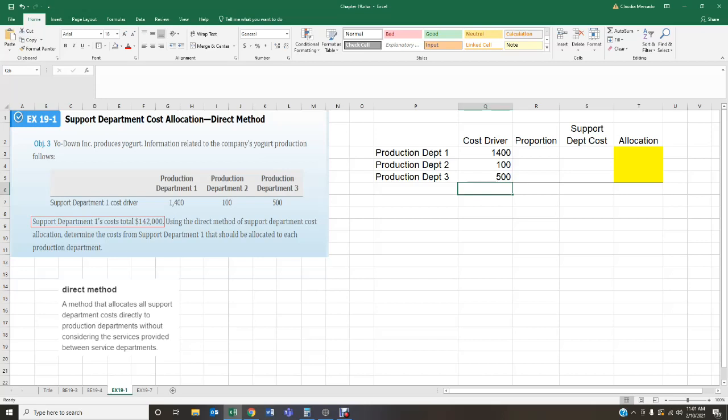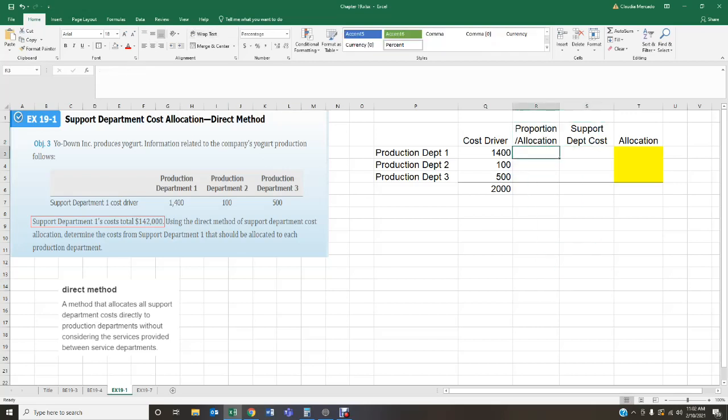Okay, so now that we've got our production 1, 2, and 3, I'm going to get my total, okay? I'm going to add those three numbers together. That gives me 2,000. Now I'm going to calculate my proportion or my allocation, whatever you want to call it. How much am I going to allocate?